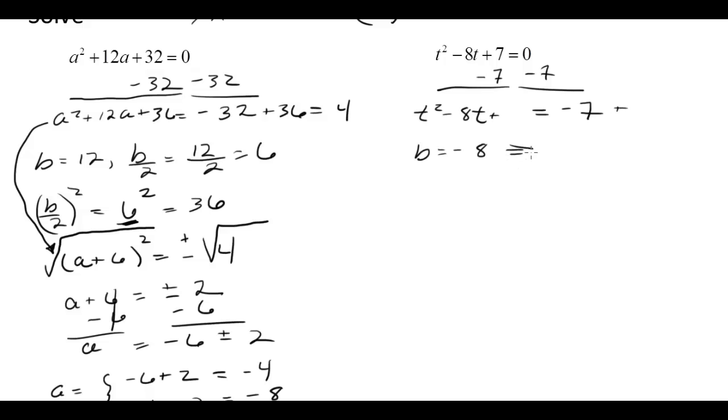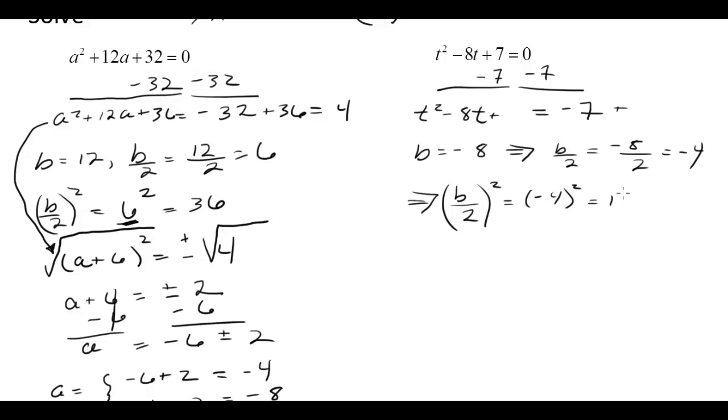So that implies that b over 2 equals minus 8 over 2, which is minus 4. That implies that b over 2 quantity squared equals minus 4 squared, which equals 16.